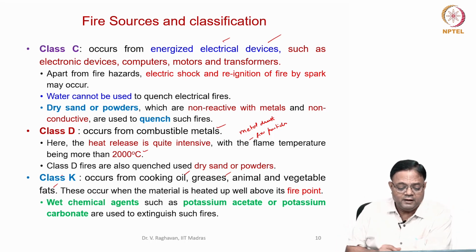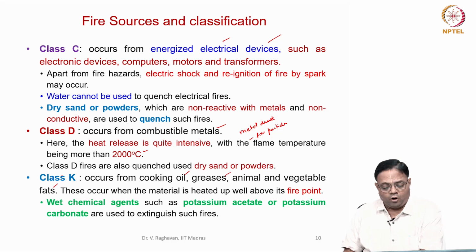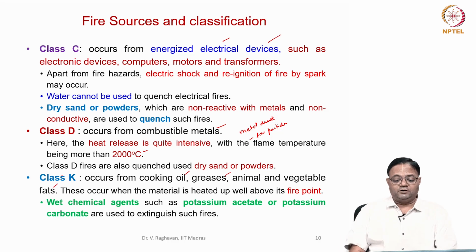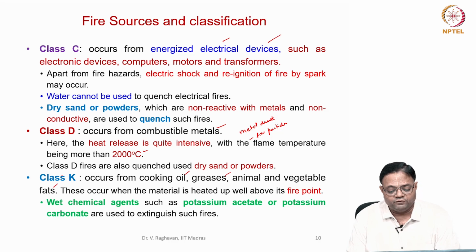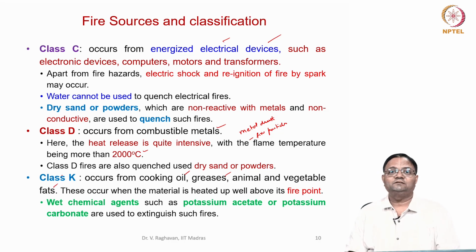So the class K fires are constituted from cooking oil, greases, animal and vegetable fats, some organic materials, and inorganic material also can be included here. To quench these fires, as I told you, these materials have a certain temperature called fire point.